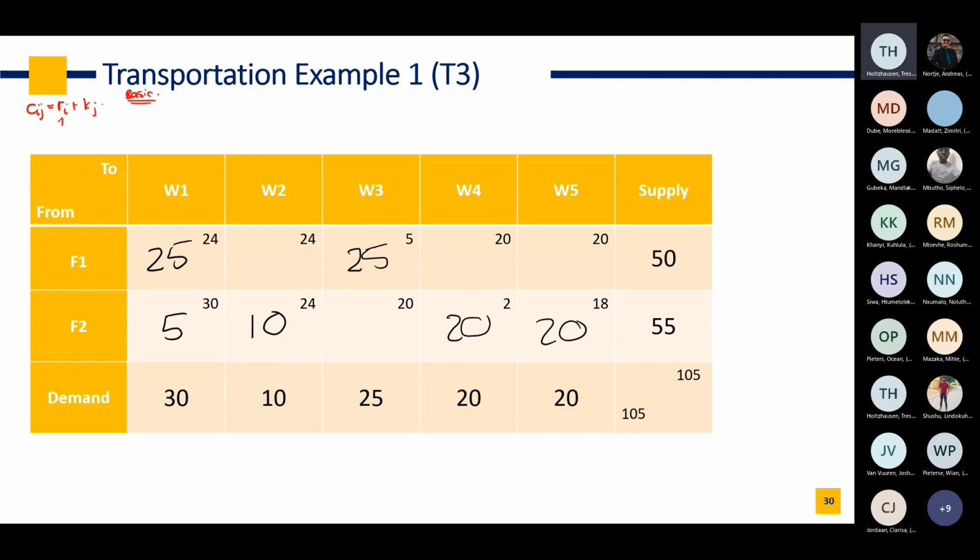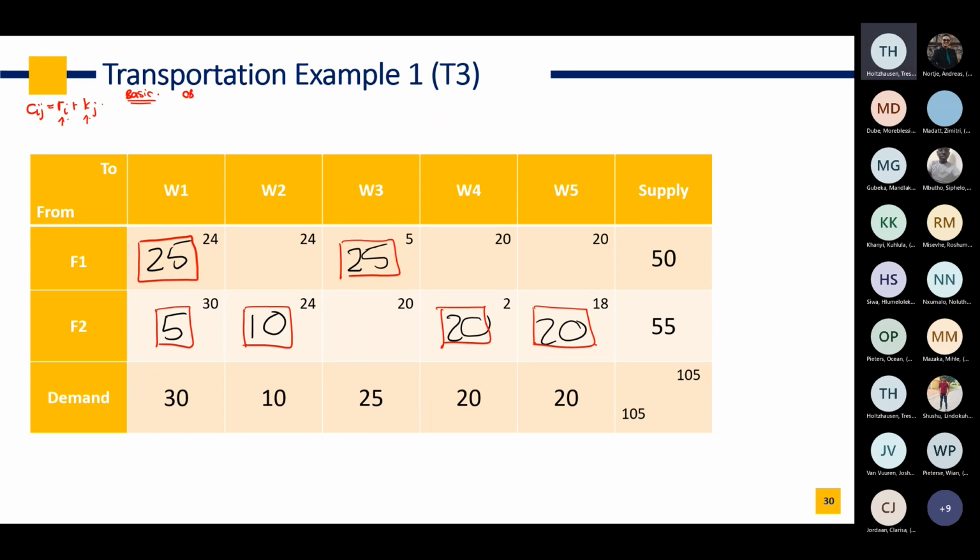And then we find our R and our K values. So all the ones that are non-empty. We're going to do this for all of these to work out our R's and our K's. Again, it's connected to the things that are already active in your objective function.